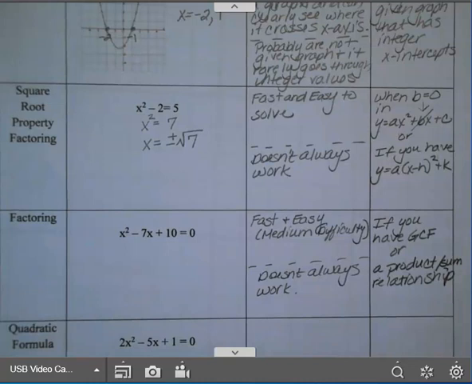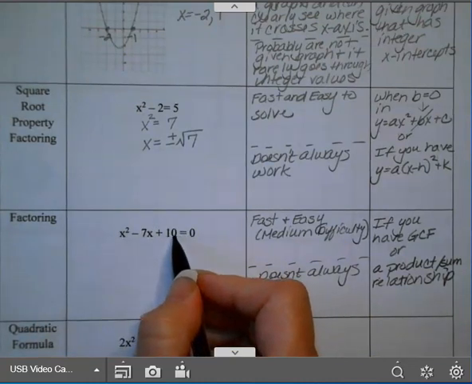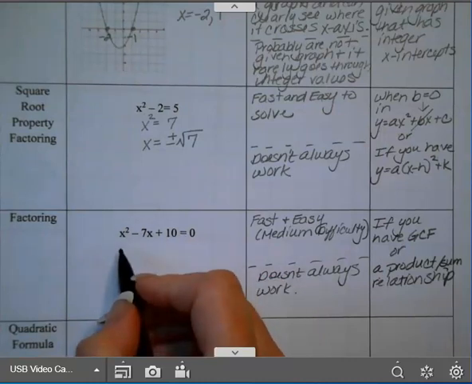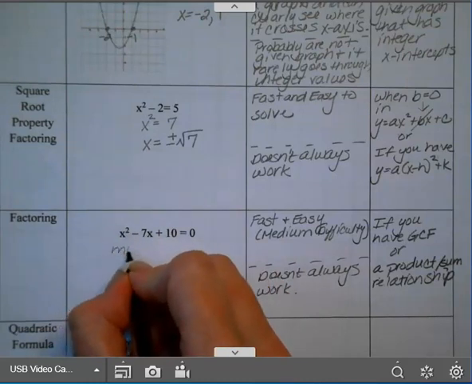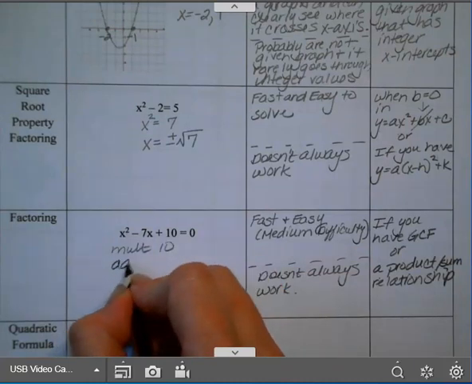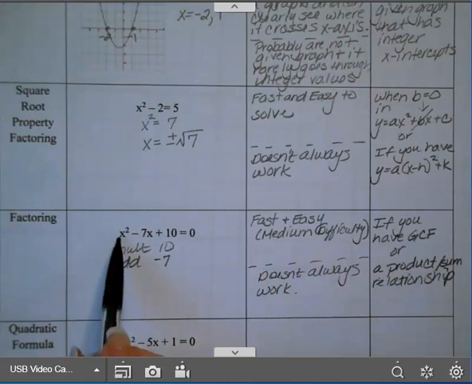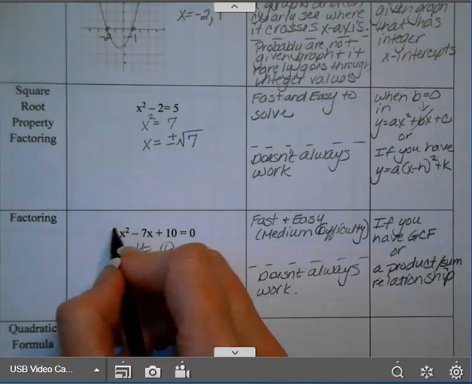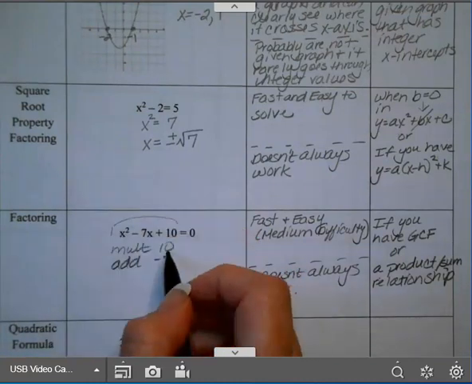For this one, notice it does not have a common factor, so it doesn't have a GCF, but there is a product sum relationship. It needs to multiply to 10 and add to -7. Now, if your leading coefficient is not 1, you will have to multiply the 1 and the 10 together and you'll get 10 in this case too.